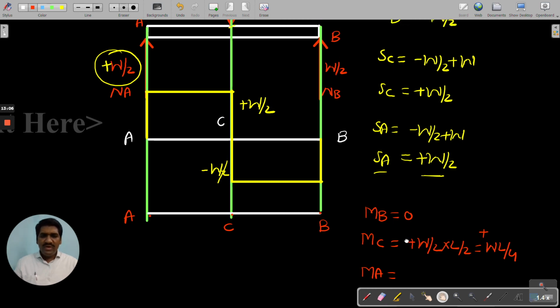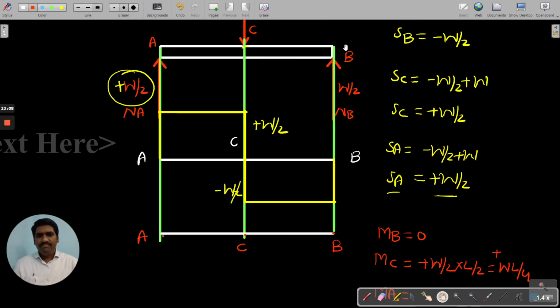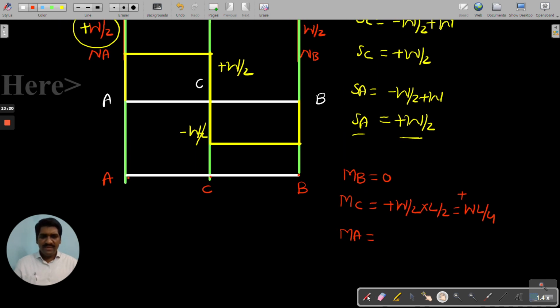Now we are going to calculate the bending moment at the point A, write all the moments. With respect to A, W by 2 is providing anti-clockwise moment, W is providing a clockwise moment.